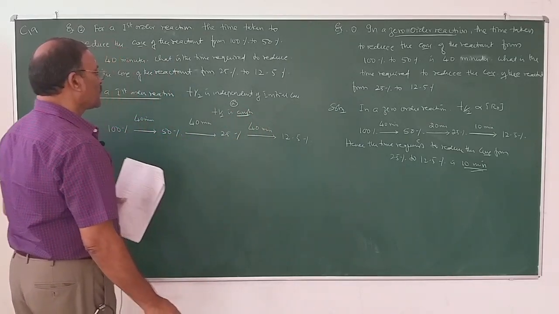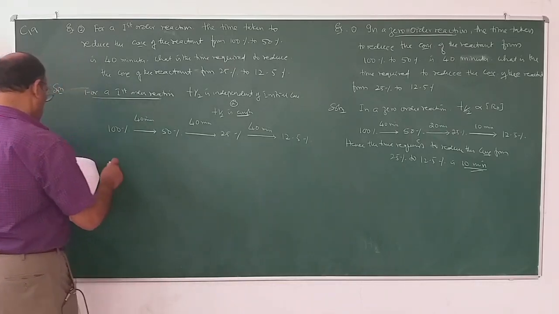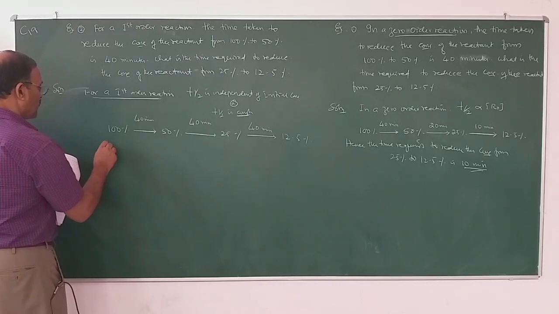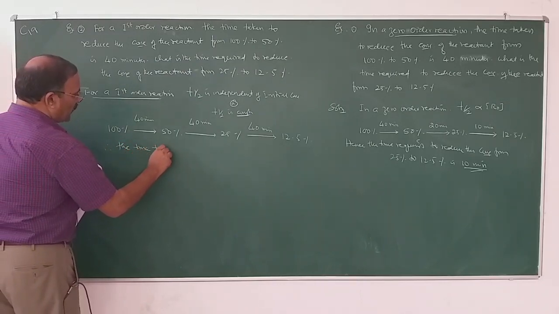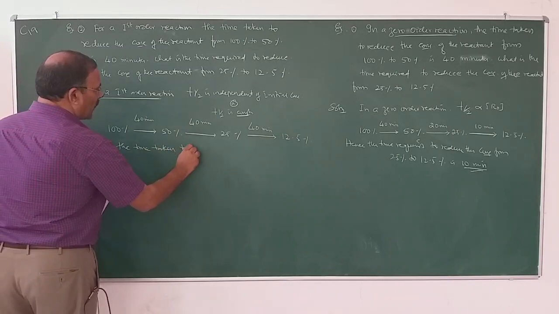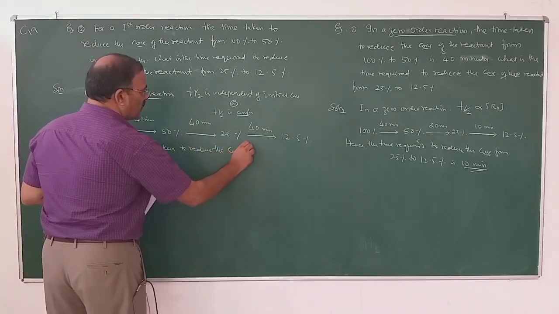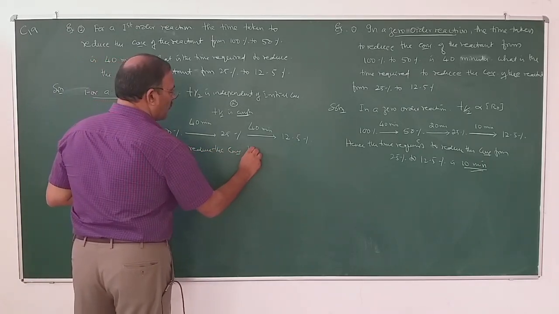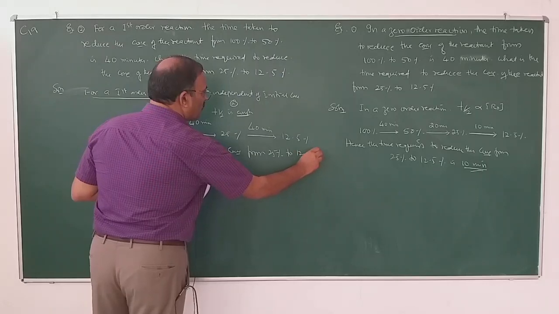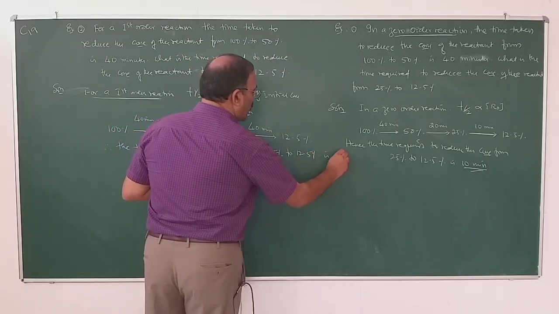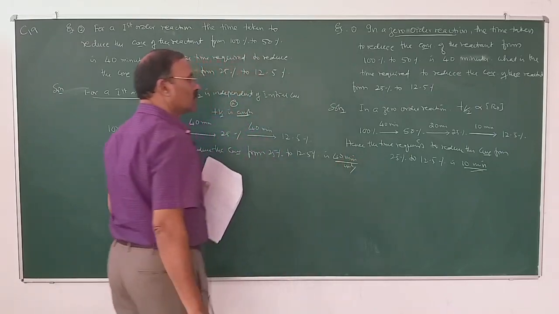So you have to write, therefore, the time taken to reduce the concentration from 25% to 12.5% is 40 minutes only.